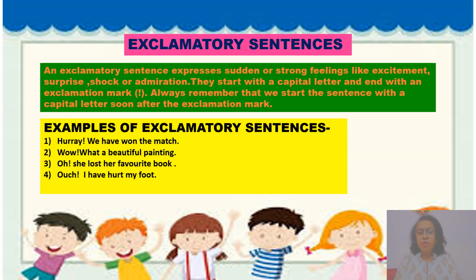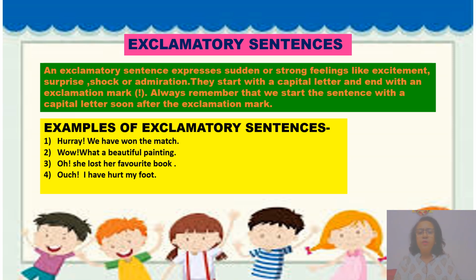Admiration. What is admiration? Admiration is when you admire something, something that really attracts you, something you find very attractive. You are impressed with something. You're really liking that something. So you start admiring that thing. So all these feelings and expressions are conveyed through the exclamatory sentences.